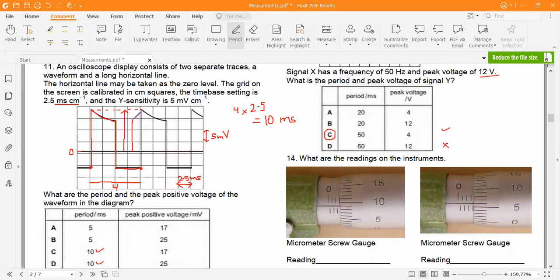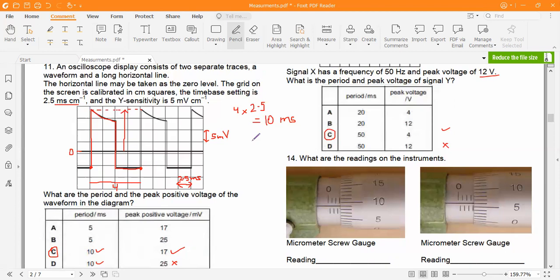One block represents 5, so it will be 3.5 into 5, which is exactly 17.5. So this will be wrong, and we know that C is the answer. I hope it is clear.